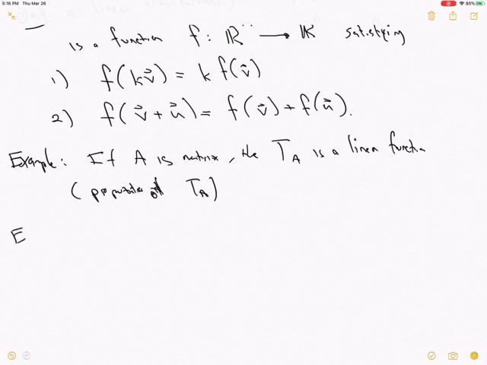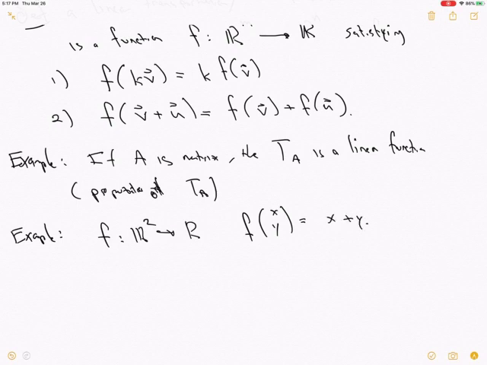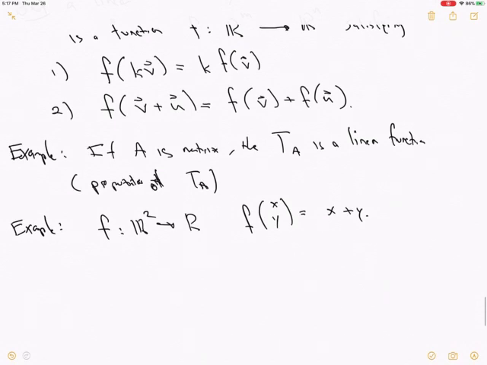Here's a more concrete example, just so we can get a feel for it. Say f from R2 to R, I'll give you a formula for it. f of (x, y) is going to be the number x plus y. So this is linear. In order for it to be linear, we have to check that it satisfies the two properties.